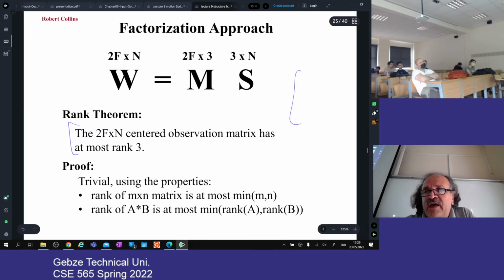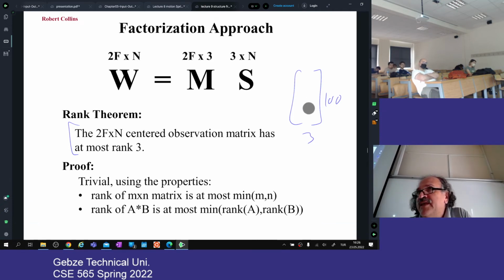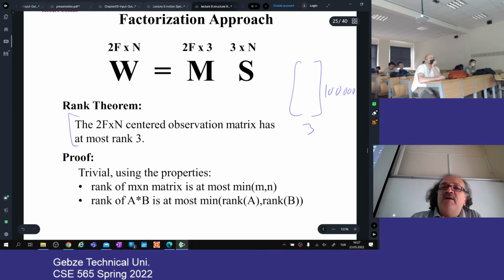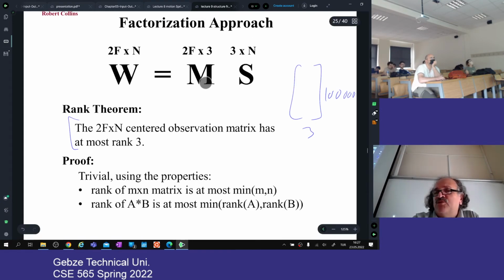So if you have a 100 by 3 matrix, rank theorem says that this matrix can have at most a rank of 3. Doesn't matter if this is 1 million, your rank cannot be larger than the minimum of your dimensions. If you are multiplying two such things, what is the rank of this matrix? It is at most 3.